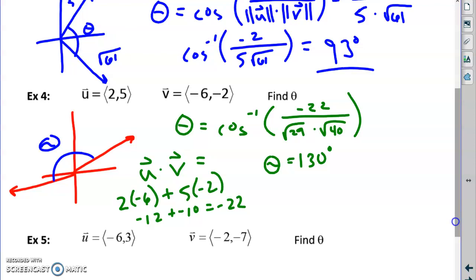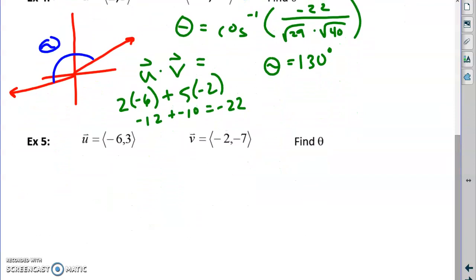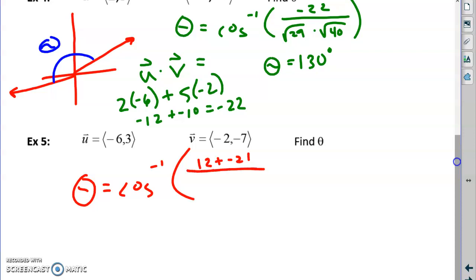All right, since I messed up, we better do one more. I'm not going to draw it this time. Theta equals cosine inverse. Let's do some good mental math. Dot product: negative 6 times negative 2 is 12 plus 3 times negative 7 is negative 21, divided by radical 36 plus 9, which is radical 45, times radical 49 plus 4, which is radical 53.